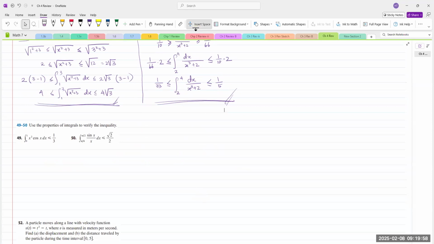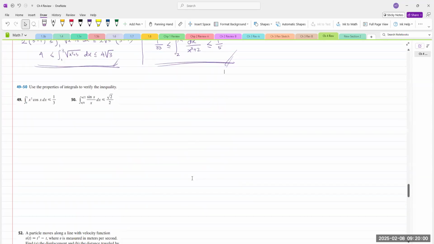Okay, number 49, verify this property. Well, x squared cosine x is positive, okay, but let me put it this way.